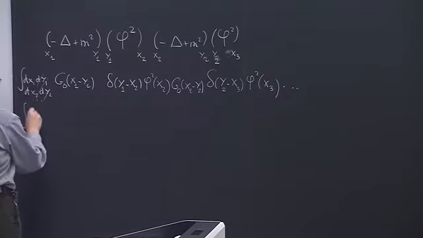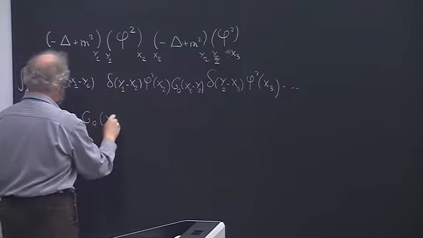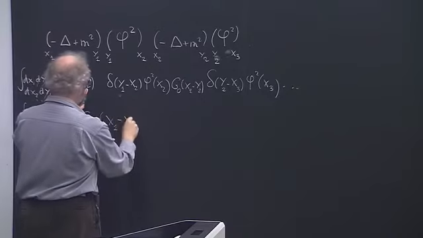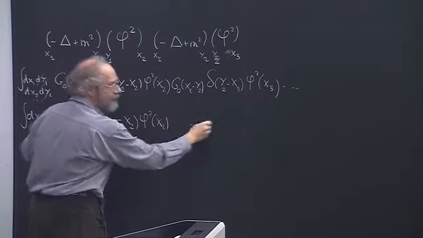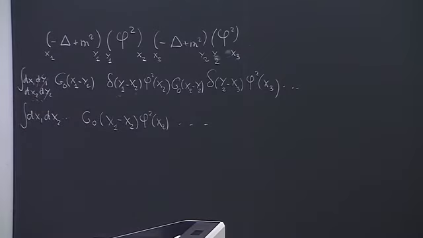And what remains is dx1, dx2, etc. of g0 of x1 minus y1, but y1 is x2, and phi squared of x2, etc. I just jumped over that step.